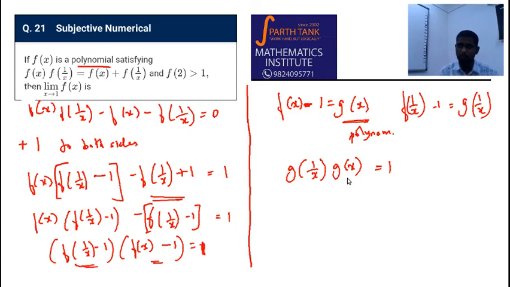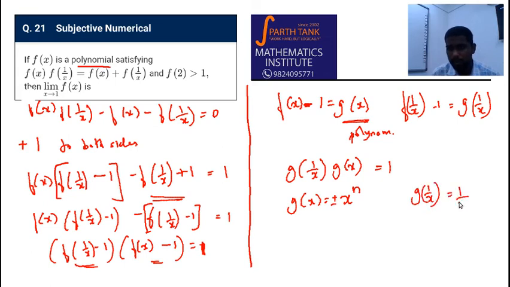That is a polynomial into the polynomial of 1 by x is 1. Now this can happen only if that polynomial g of x is of the form x power n plus or minus, right? Only then g of 1 by x would be 1 by x power n plus or minus, and when you multiply both of these you will get 1. No other polynomial will have this form.